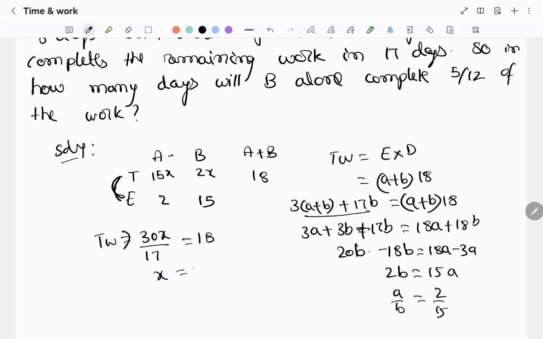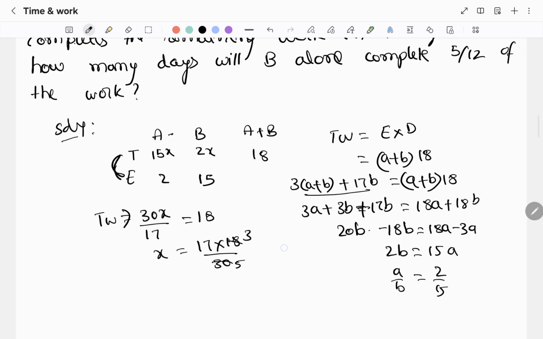So the x value is equal to 17 into 18 by 30, which is 51 by 5.